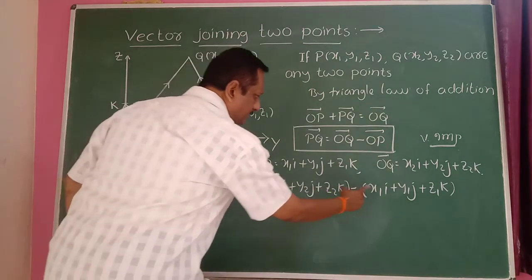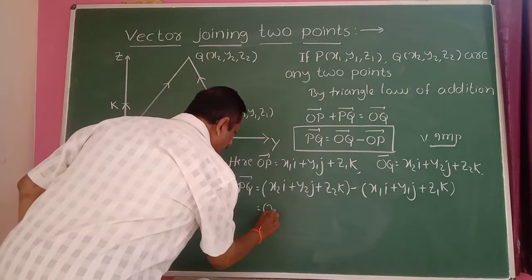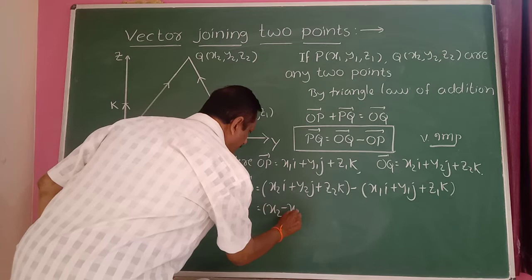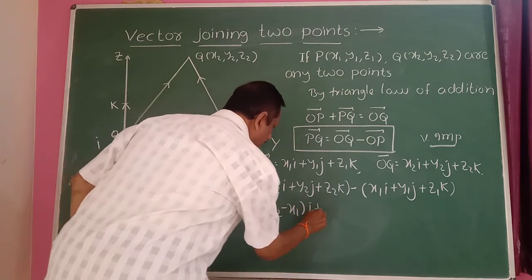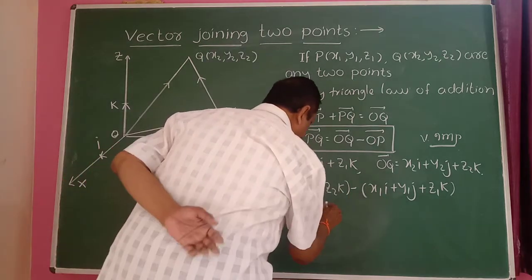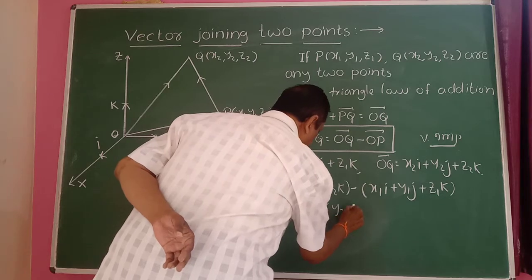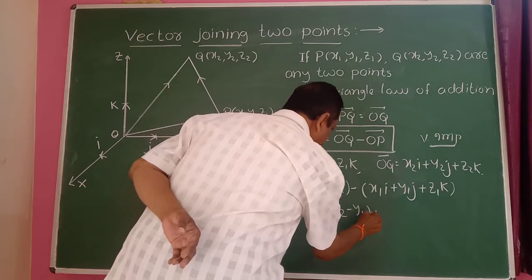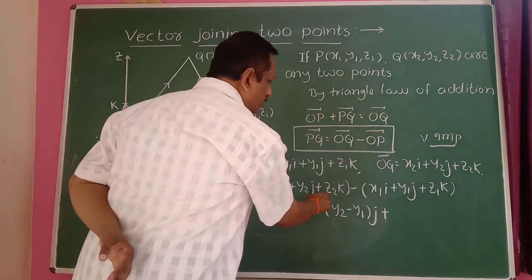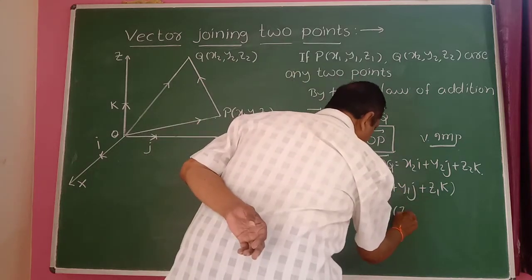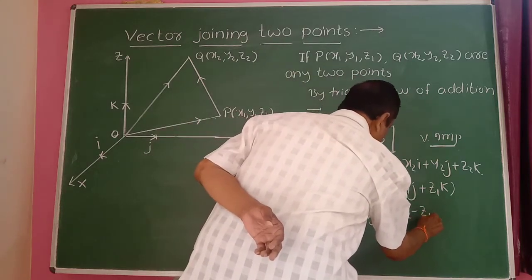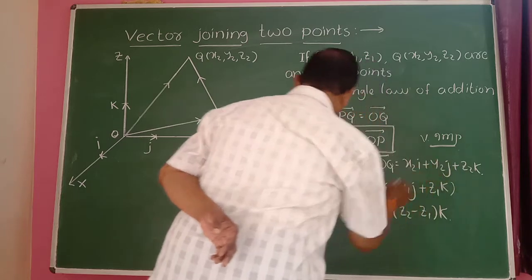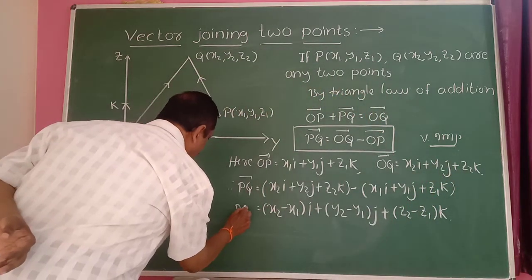Therefore, subtracting these vectors gives (x2 minus x1) i plus (y2 minus y1) j plus (z2 minus z1) k. So this is the vector PQ.